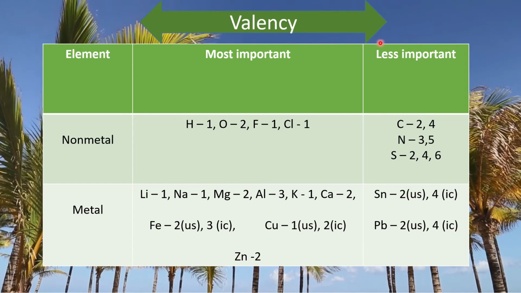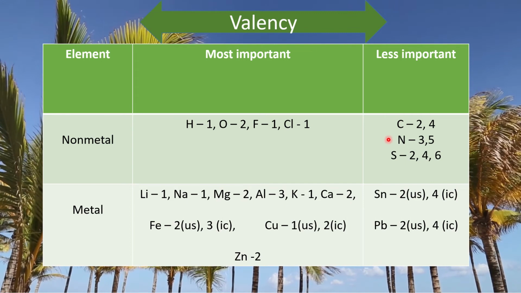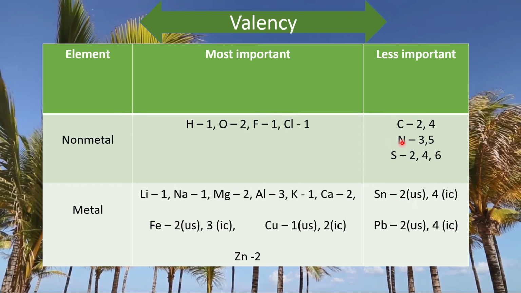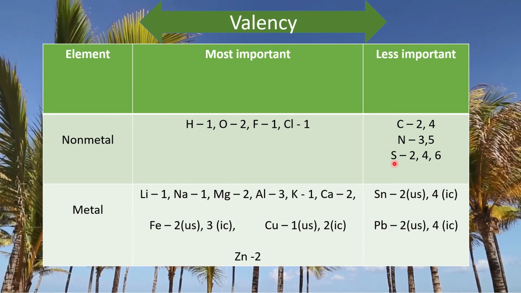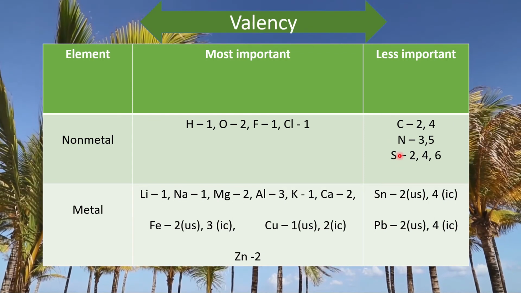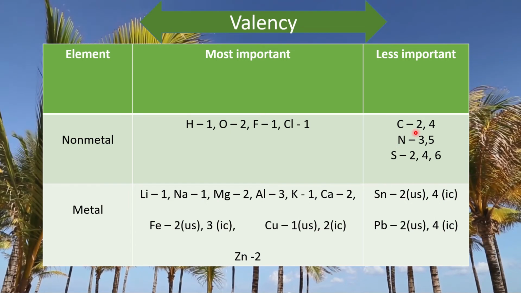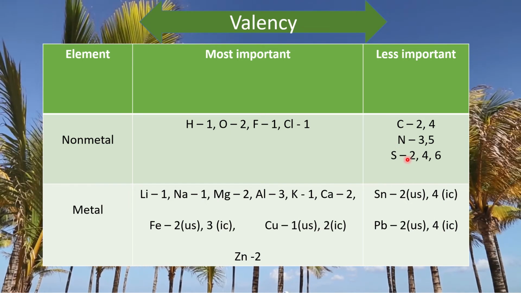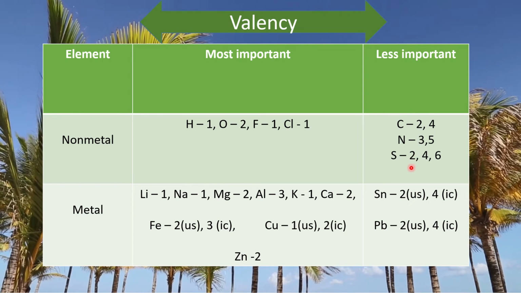For example, carbon is used in carbonate and bicarbonate radical. Nitrogen is used in nitrate and nitrite radical. Sulfur is used in sulfate and sulfite radical. But when they are directly used for writing the formula, then their lowest valency is used. Carbon 2, nitrogen 3, sulfur 2.